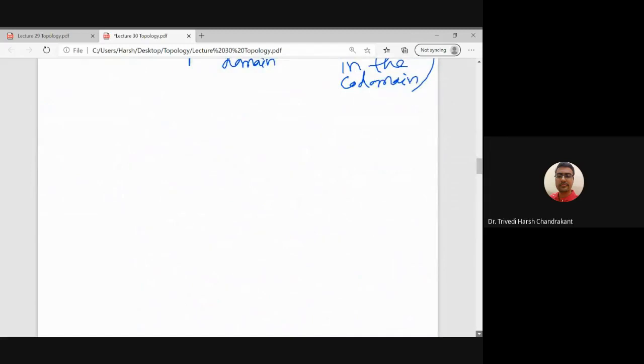Same example we can consider to study the quotient map. So let us slightly modify the domain.